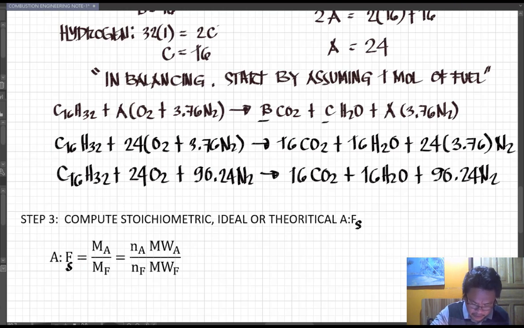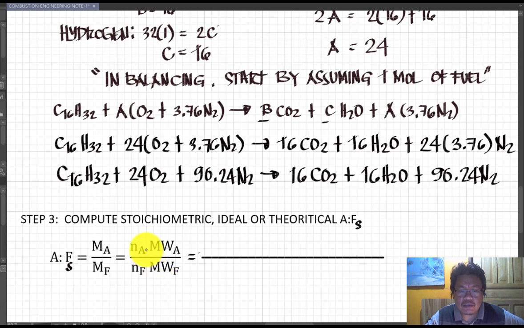Now for the equation of our stoichiometric air-fuel ratio, that will be the mass of air divided by the mass of fuel, which is equal to the moles of air multiplied by the molecular weight of air, divided by the moles of fuel multiplied by the molecular weight of fuel. Okay.